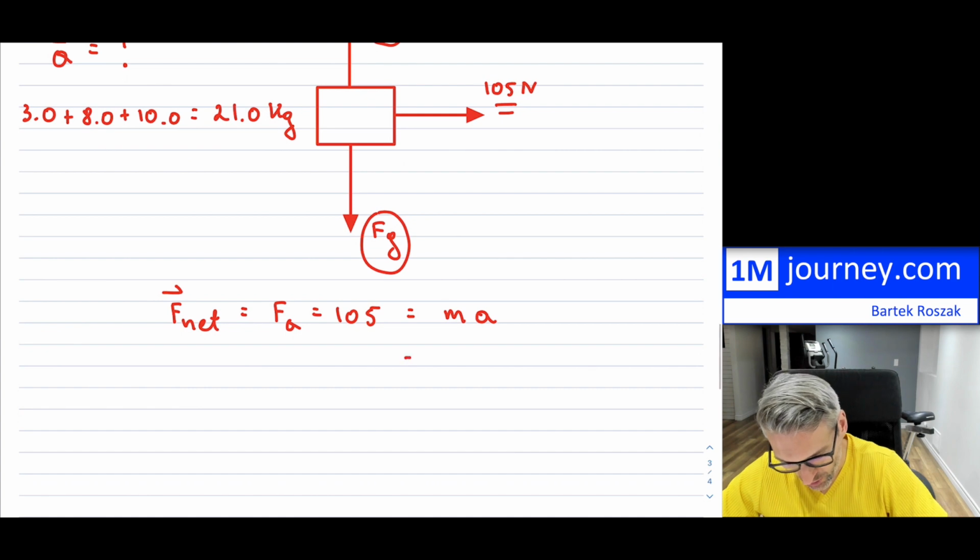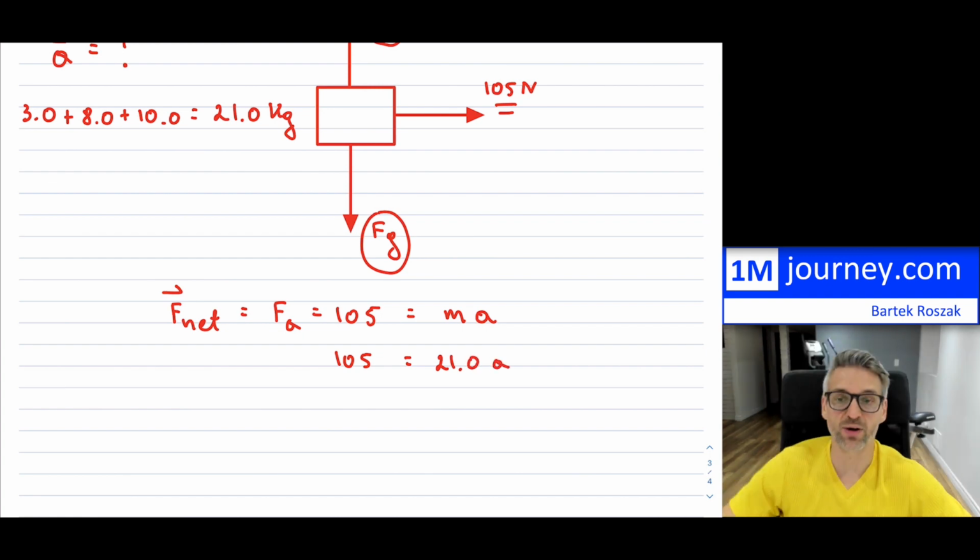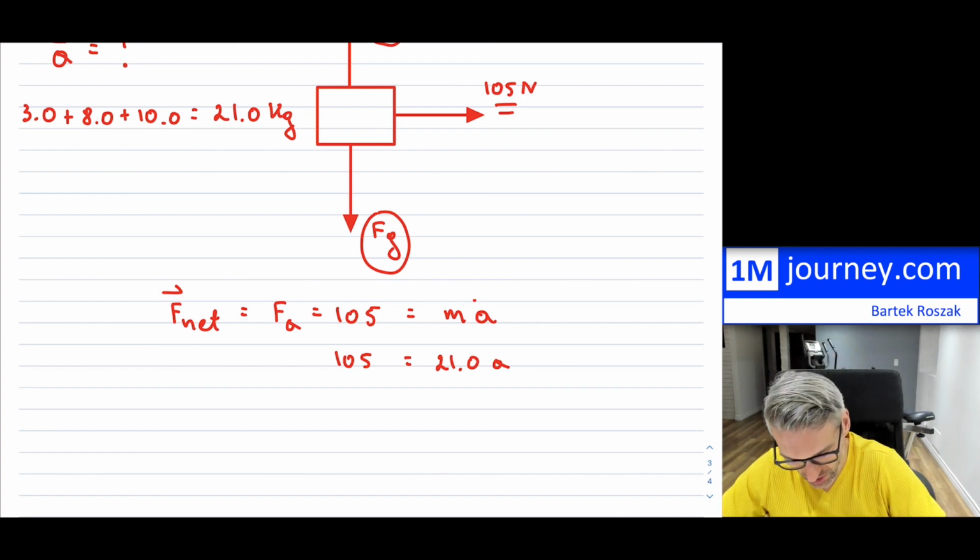Now, if I'm going to substitute, so I know this is 105, I know that my mass is 21 kilograms, so I can find out exactly what my acceleration is. So that acceleration is going to be in the same direction. Acceleration is still a vector, so we can certainly put that in here.